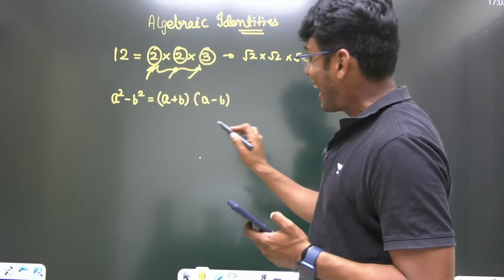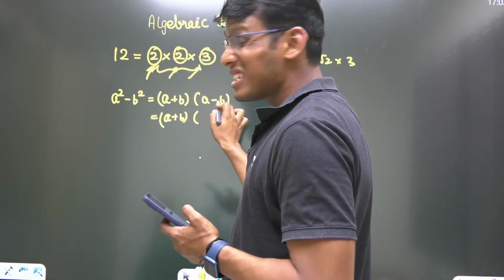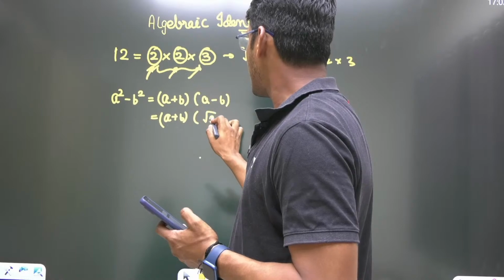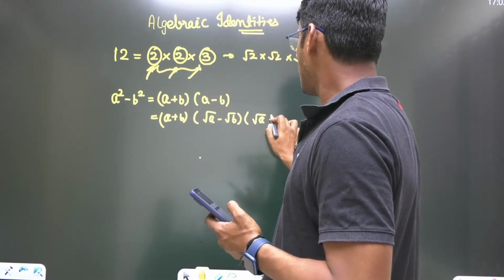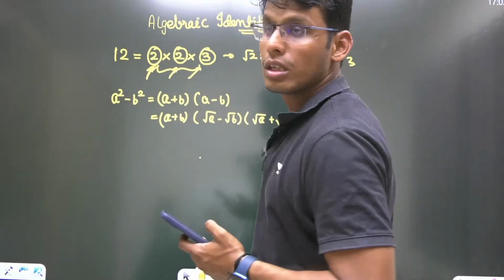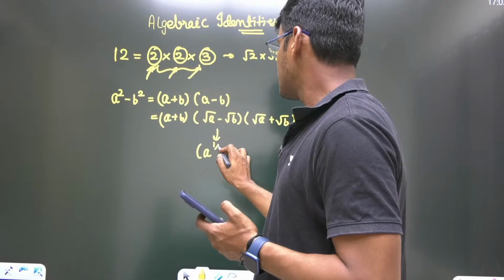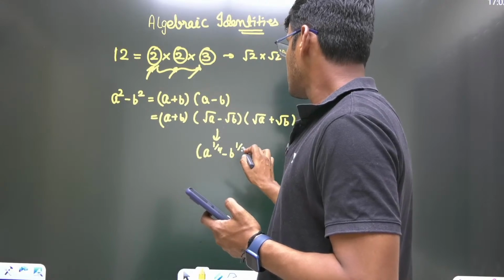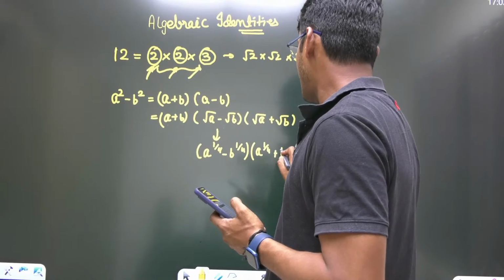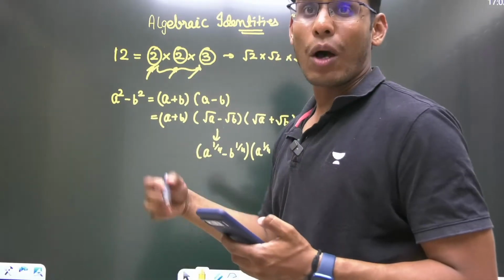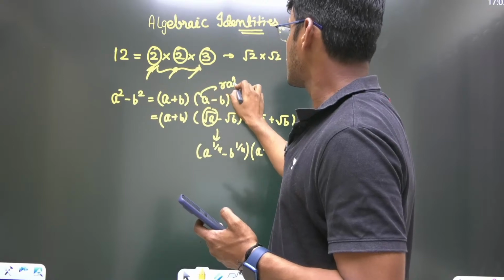Now, can I say that a minus b is root a minus root b times root a plus root b? Now again, I can factorize it like this. So there is no end to it. That is why we restrict our discussion to rational coefficients.